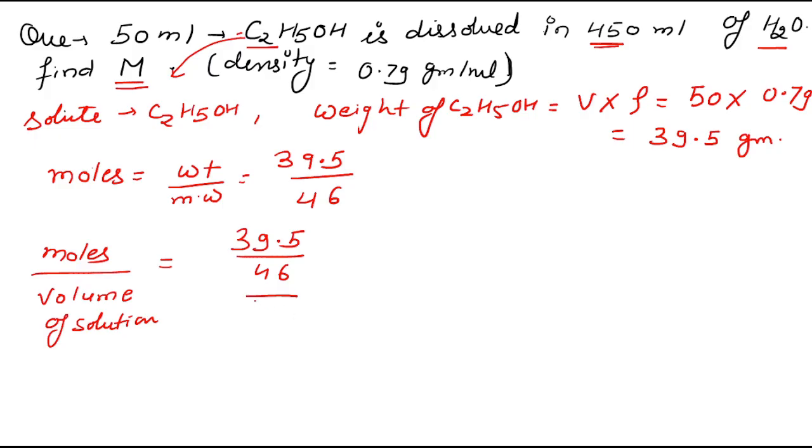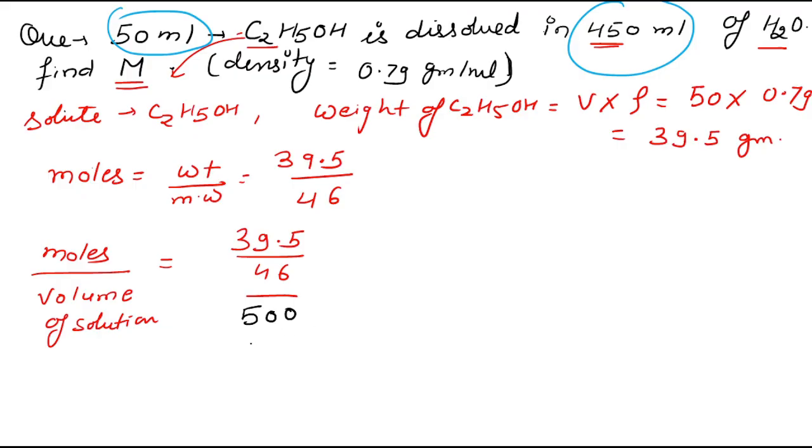What is the volume of solution? In this question, the solvent is 450 and the solute volume is 50. So the total is 450 plus 50, total 500. This is the total volume of solution.